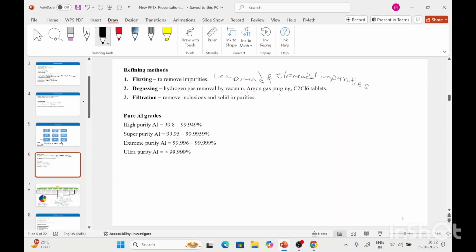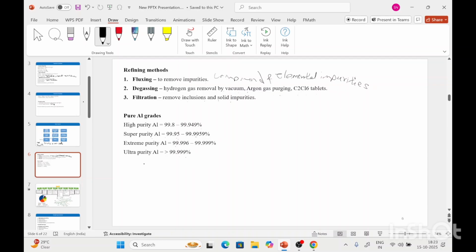Then argon gas purging is also used to remove the gas, and some solid C2Cl6 tablets are also fed into the liquid aluminium, so that these tablets react with the hydrogen gas and help in releasing that hydrogen gas from the liquid aluminium. Then filtration is done to remove inclusions or any solid impurities.